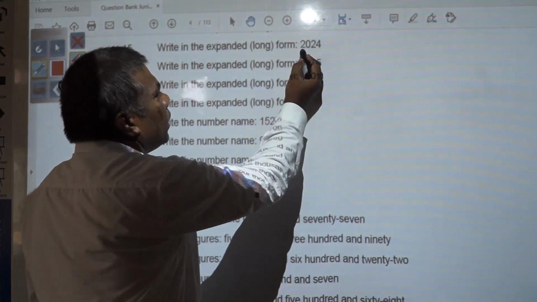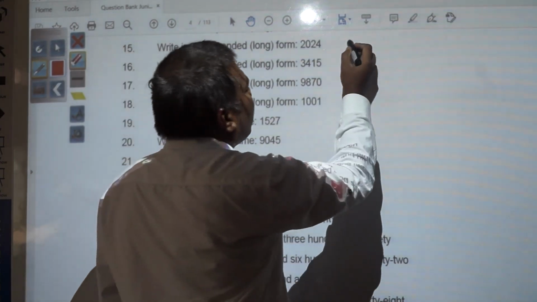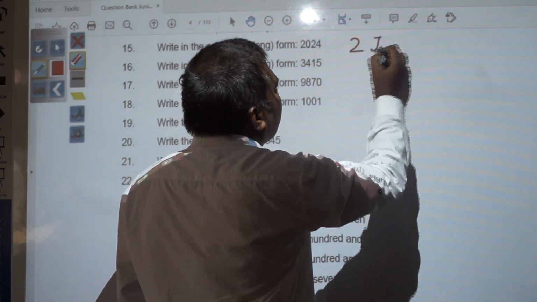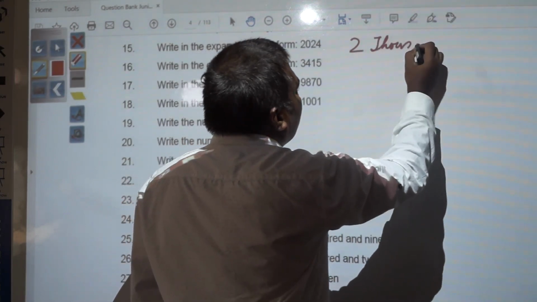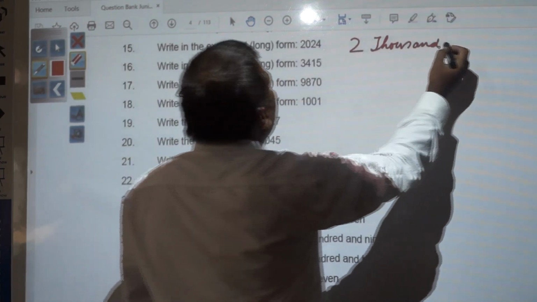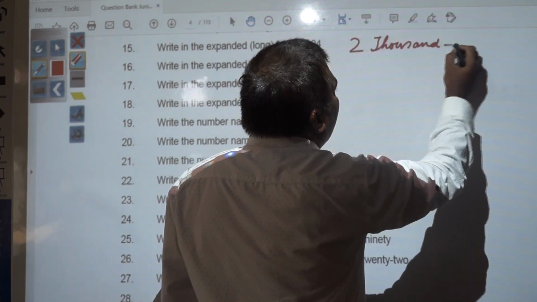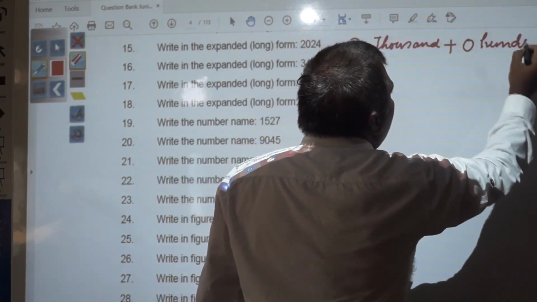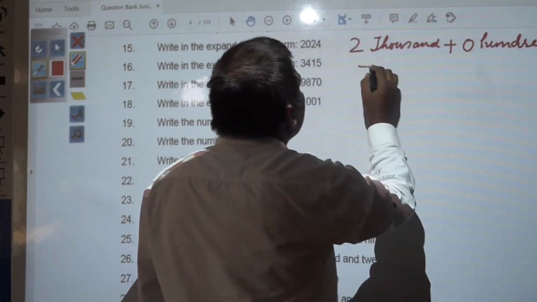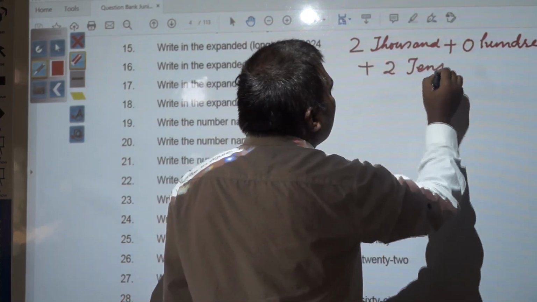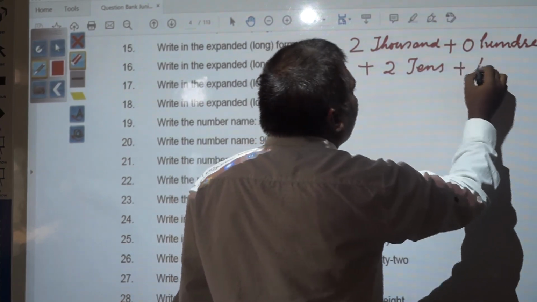This 2 is in the thousands place, so we will write 2000 plus 000 plus 2 tens plus 4 ones.